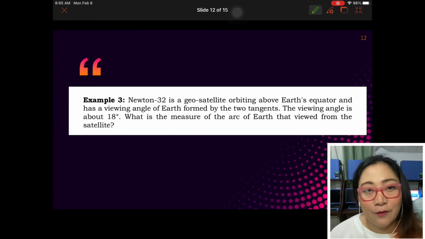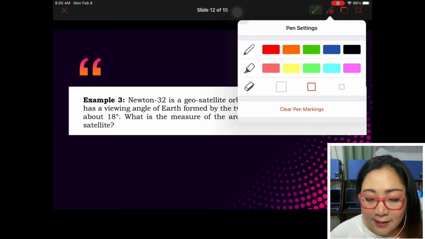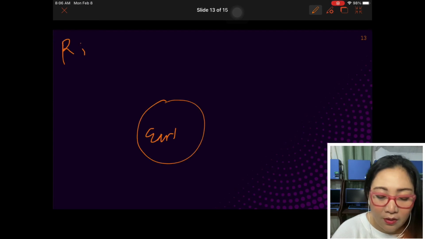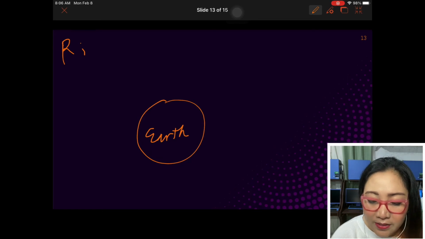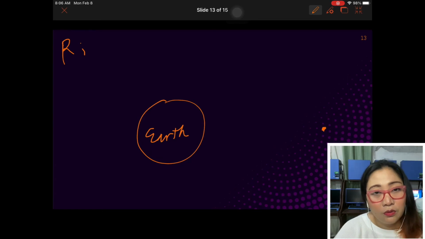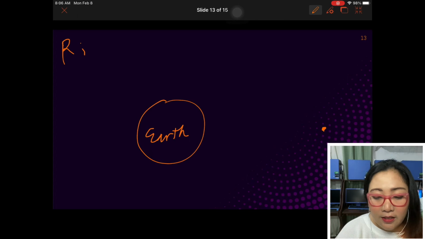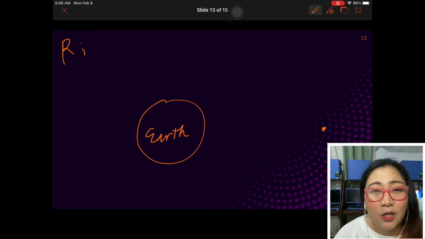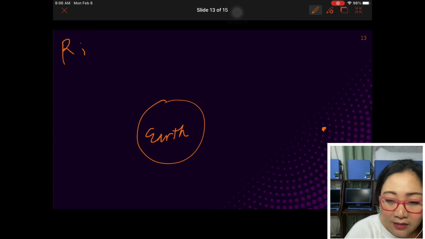So, of course, the first step is to always illustrate. Okay? So, meron tayong Earth, ito si Earth, as usual. Tapos, meron po tayong satellite, si Newton 32. And then, yung viewing angle, ganito po yung itsura niyan.